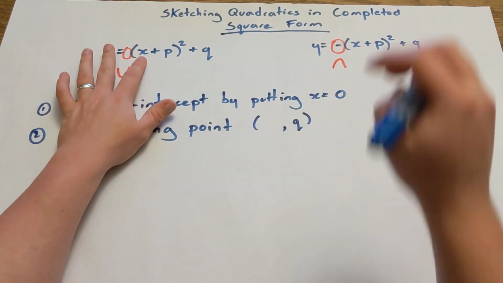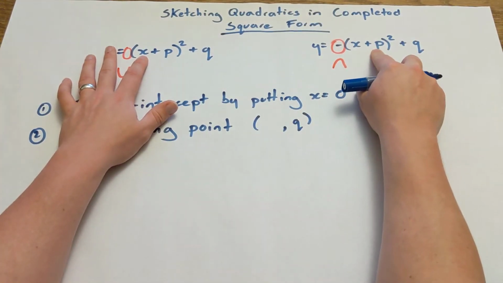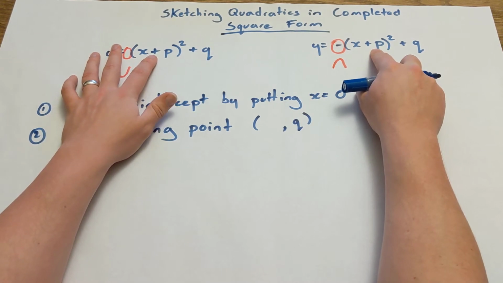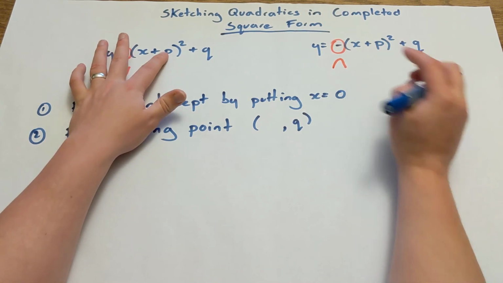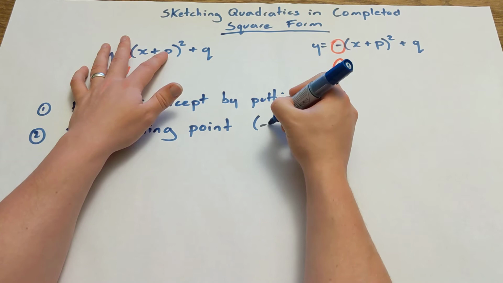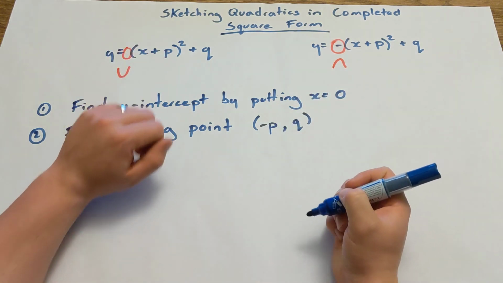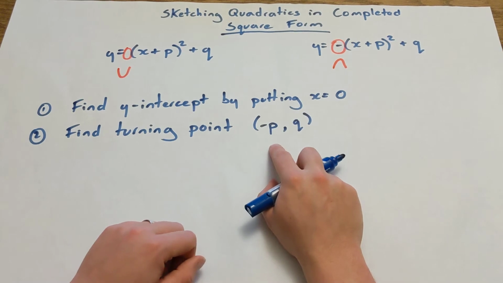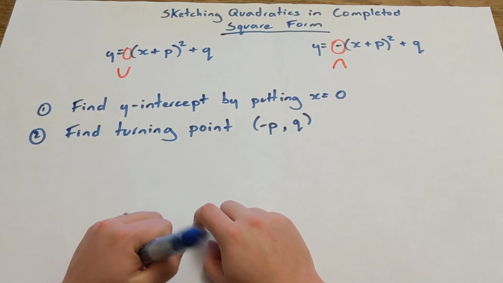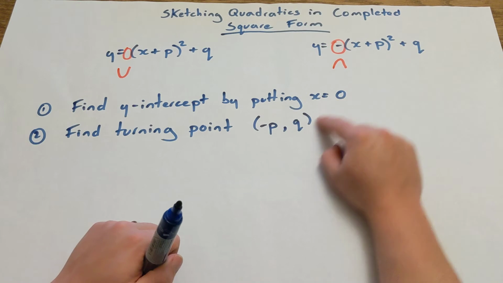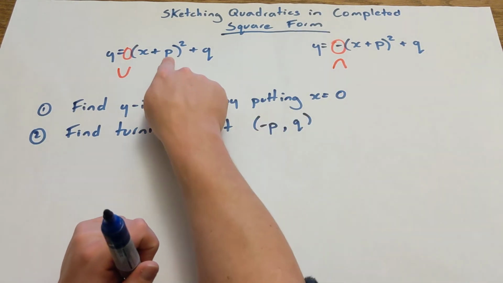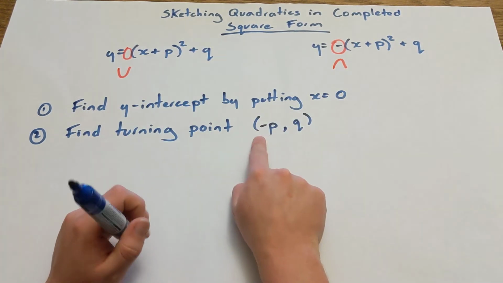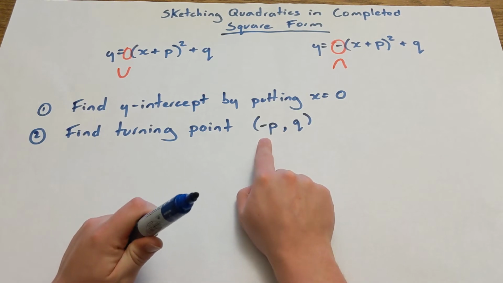And then whatever number is here with the x, this p here, you put the opposite of that in. So if you've got plus p here, that means your turning point is going to be negative p. If you had negative p, your turning point would be a plus p. The bit on the end comes down to be your y, and the bit in the bracket comes down to be your x coordinate.